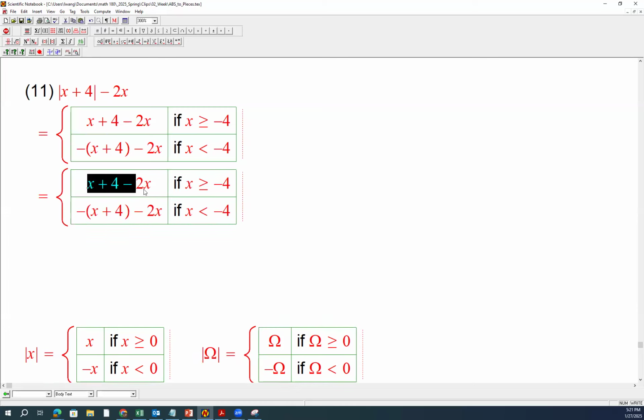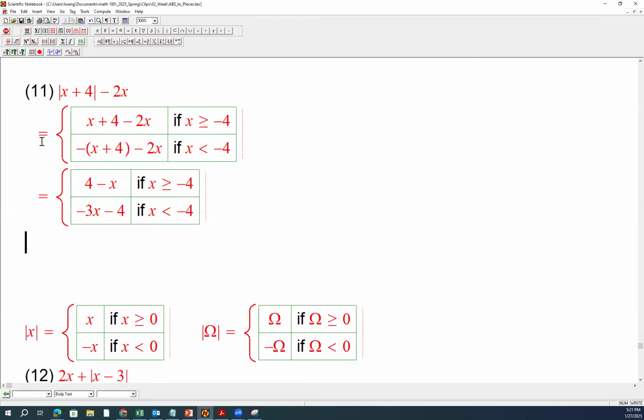X plus 4 minus 2x, that's going to be 4 minus x. And over here, you're going to have a minus x minus 4, so it's going to be minus 3x minus 4. So that's final.